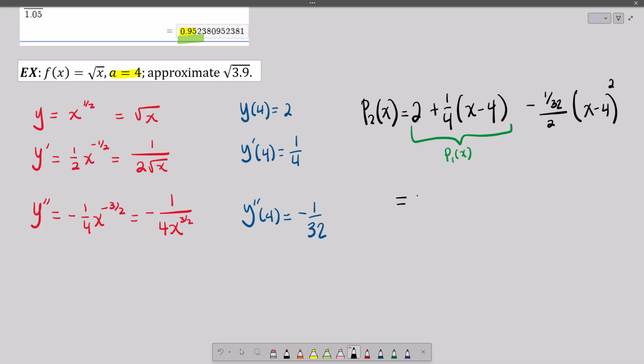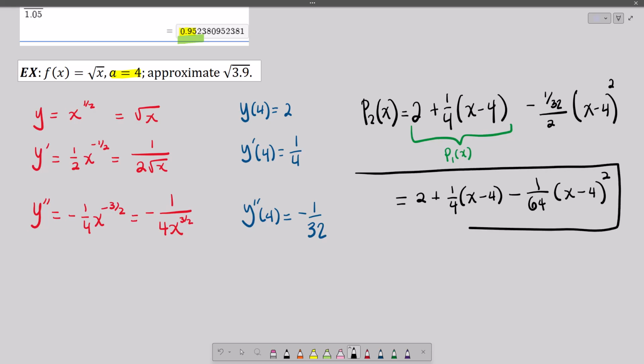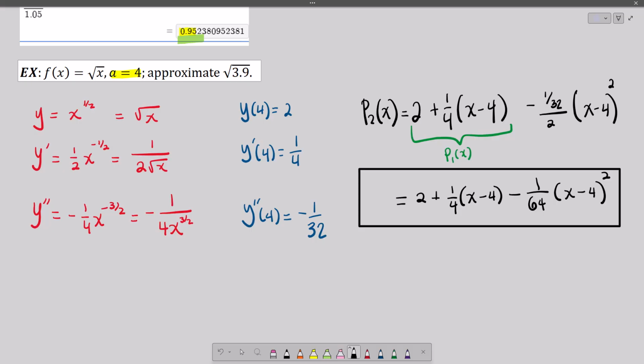So the only simplification that we might do here, we want to leave all these x minus 4s, but we could write this as 1/64. That's the only simplification we're going to do. We're not going to square this out. We're not going to distribute that quarter. So that is p sub 2. And p sub 2 includes p sub 1. So the first part's p sub 1.